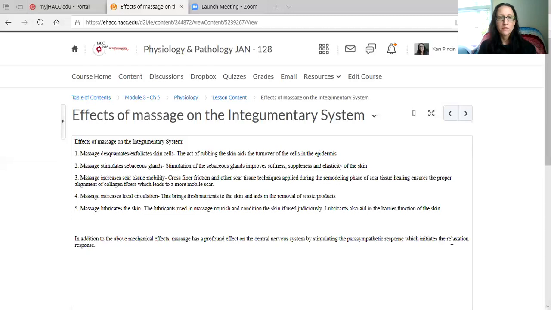All right, number three, massage increases scar tissue mobility. Cross-fiber friction and other scar tissue techniques applied during the remodeling phase of scar tissue healing ensures the proper alignment of collagen fibers, which leads to a more mobile scar. Yes, we talked about this when we were talking about tissue repair.